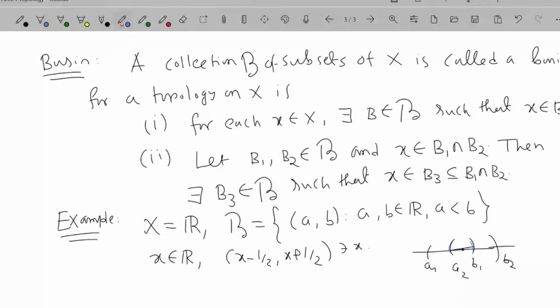We are saying that a subset U will be in that collection. So we are forming a new collection tau, and U will be in that collection if and only if for each x belongs to U, there will be a member from the collection.